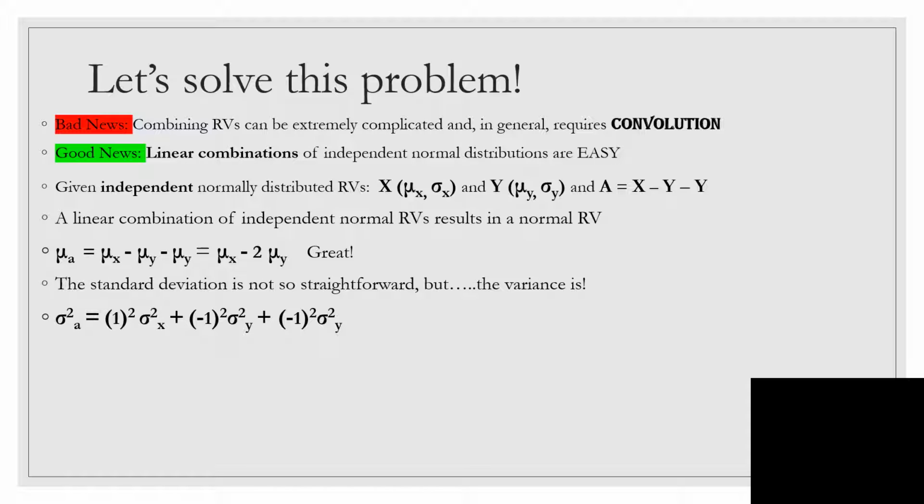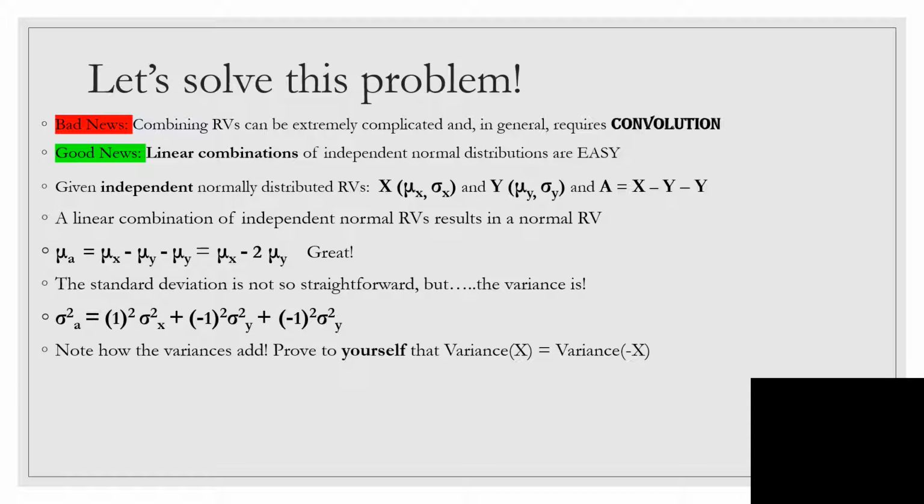Up in our equation, A equals X minus Y minus Y, you could think of X, Y, and Y having coefficients, where X had a 1 in front of it, Y had a minus 1, and the other Y had another minus 1. So look at our formula. The standard deviation squared, which is the variance of A, is that first coefficient 1 squared times the variance of X, plus that second coefficient minus 1 squared times the variance of Y, and then repeat it again.